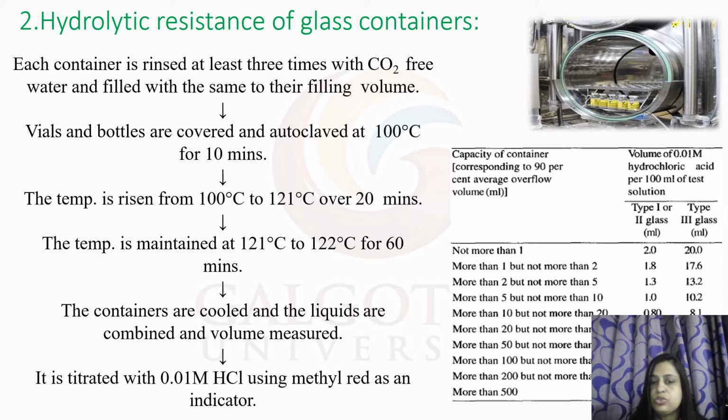These containers are then cooled, the liquids are combined and the volume measured. Then it is titrated with 0.01 molar HCl using methyl red as an indicator. The limits are given in this table according to the capacity of the container.